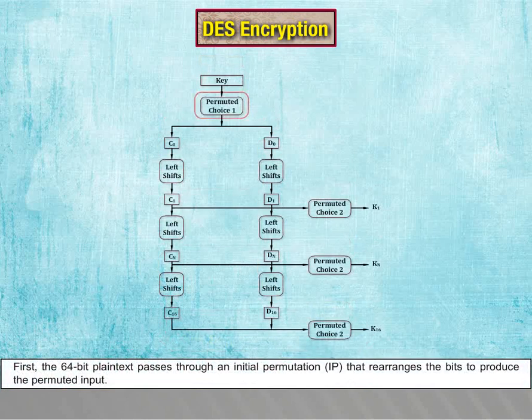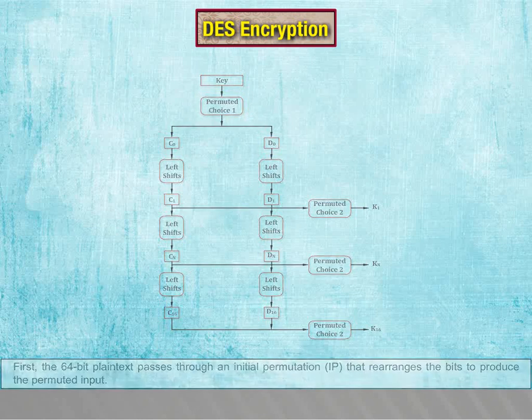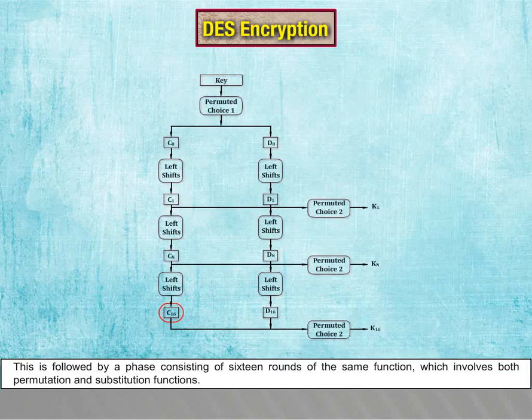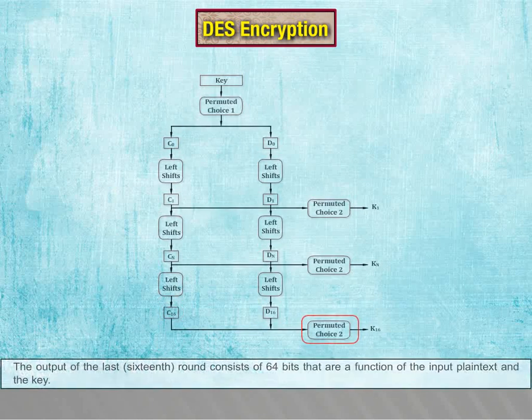First, the 64-bit plaintext passes through an initial permutation IP that rearranges the bits to produce the permuted input. This is followed by a phase consisting of 16 rounds of the same function, which involves both permutation and substitution functions. The output of the last, that is the 16th round, consists of 64 bits that are a function of the input plaintext and the key.